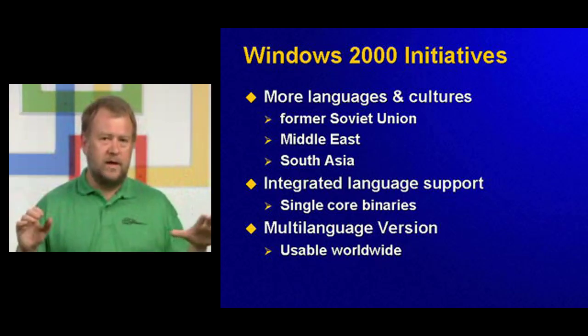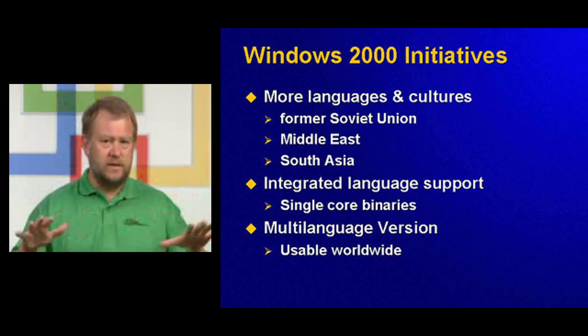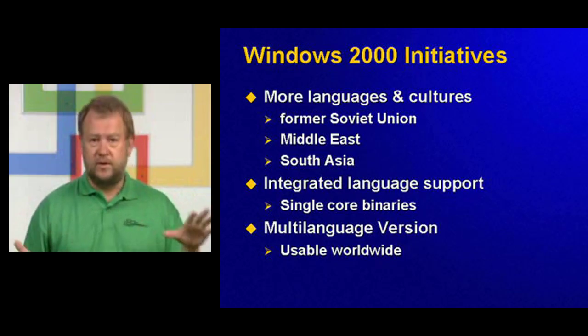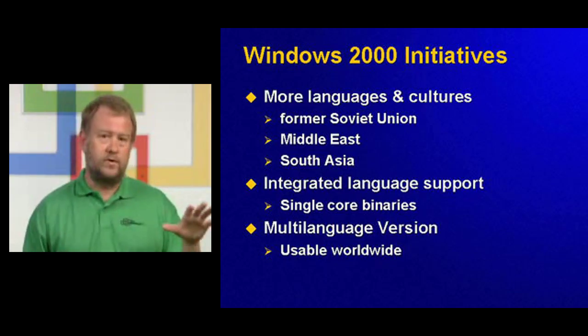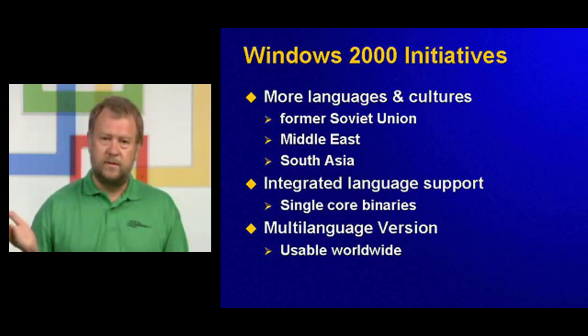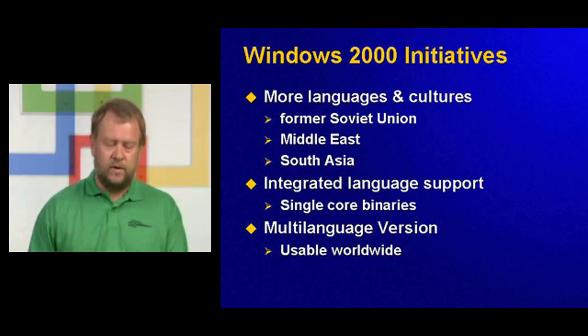Now, actually, we still have the localized versions, but each one of those versions is based on the same set of files. So, for example, the Japanese version is enabled for Korean, for Arabic, for Indic languages, and so on. And you can run an Indian language application on your Hebrew version of Windows 2000, or on any other version for that matter. That's what the single core binaries, the integrated language support, means.